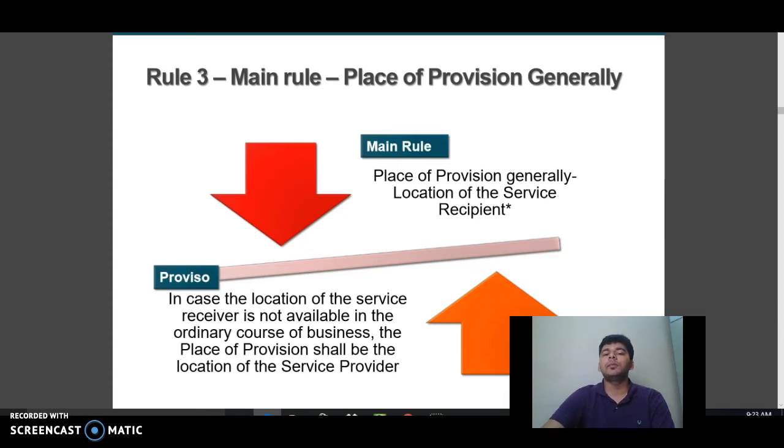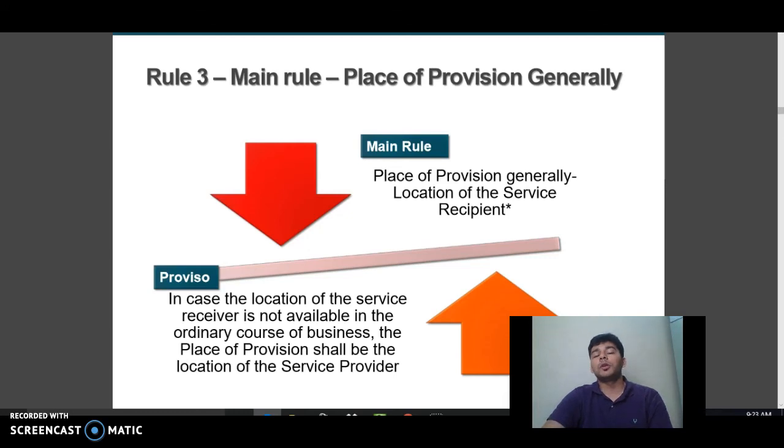Rule 3, please remember, is a general rule which says the place of provision of services generally will be the location of recipient of service. And if the location of recipient of service is in the taxable territory, your service will be liable to tax. There is an implied meaning, which is 100% correct, that if the location of recipient of service is in a non-taxable territory, that means service tax will not be applicable.